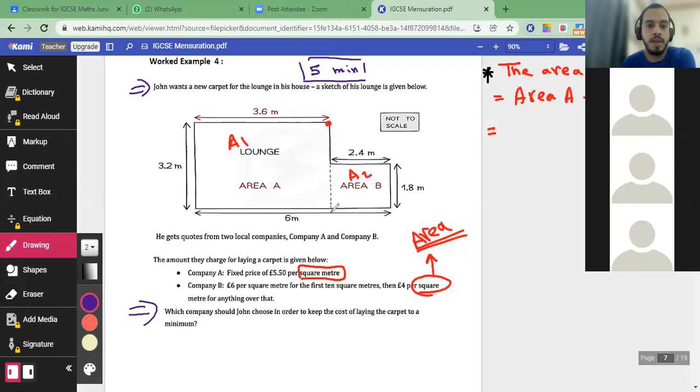Area A here is a rectangle. Tell me the steps: 3.2 multiplied by 3.6 equals 11.52. So 3.2 multiplied by 3.6 plus area B. Area B, Mariam, is 2.4 multiplied by 1.8, which equals 4.32. Okay, now tell me the total area altogether. The total area.